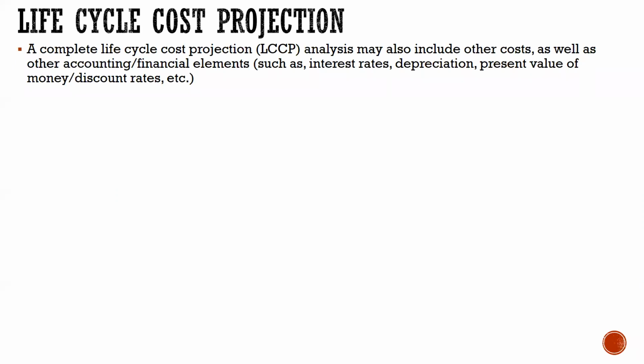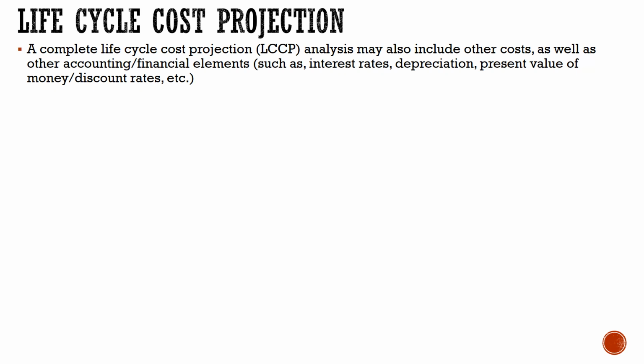So for this, you can see life cycle cost projection. A complete life cycle cost projection analysis may also include other costs, as well as other accounting and financial elements. Such elements are interest rates, depreciation, value of money, and discount rates.